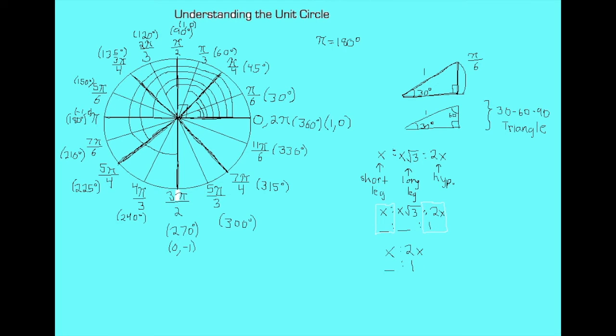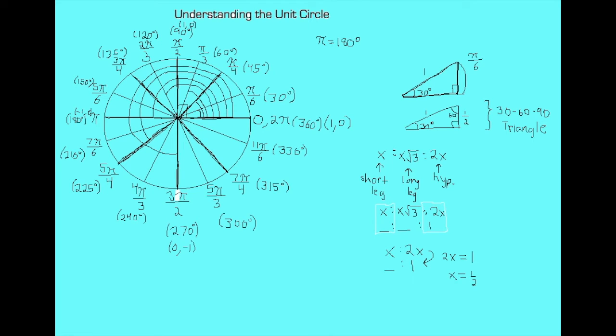So we set the two hypotenuses equal to each other. So we have 2x equals 1. And we get x equals 1 over 2. Therefore, the shorter leg is 1 over 2. So I will label this 1 over 2 on the triangle. The shorter leg is opposite the 30-degree angle, so 1/2 is this side length.